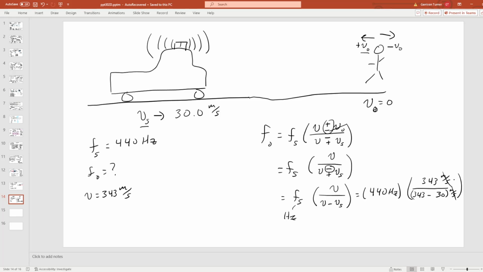And now it's calculator time. So if we take 440 and multiply that by 343 and divide that by 343 minus 30, we get 482.